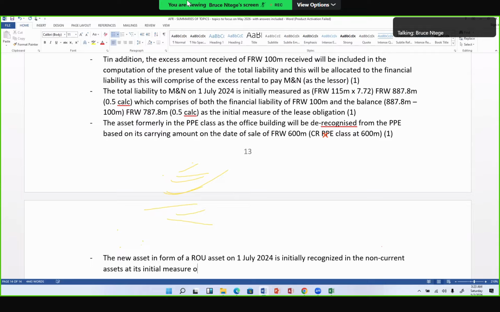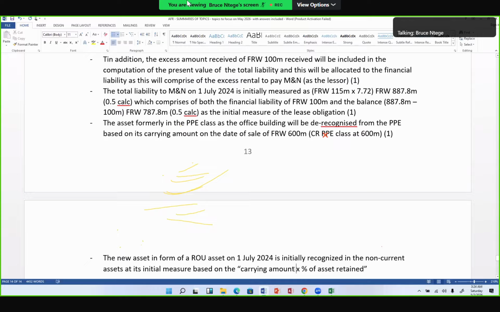Perhaps you could say, at its initial measure, based on the carrying amount. Remember, we talked about that. The carrying amount times the percentage of the asset retained, which you're going to calculate later.